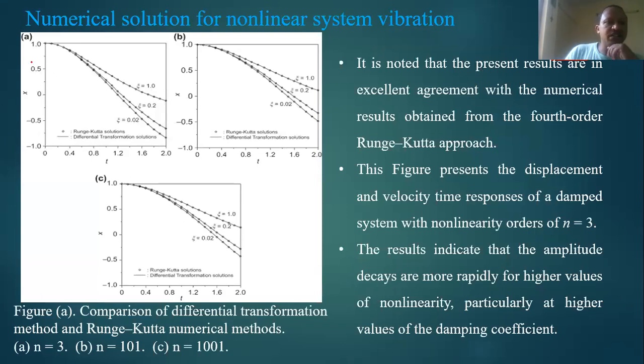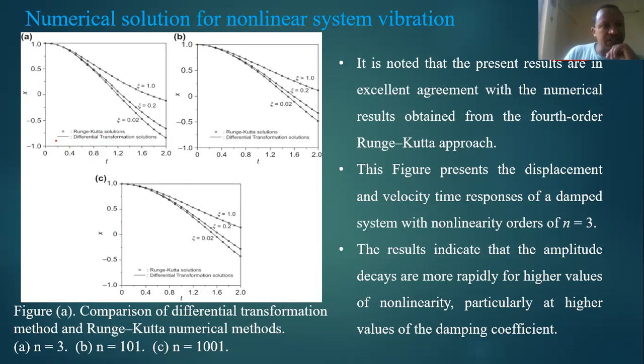Look, this is using the Runge-Kutta method, the numerical solution for the nonlinear case. Look, this is the x versus t plot, for different Runge-Kutta solutions and differential transformation solutions.